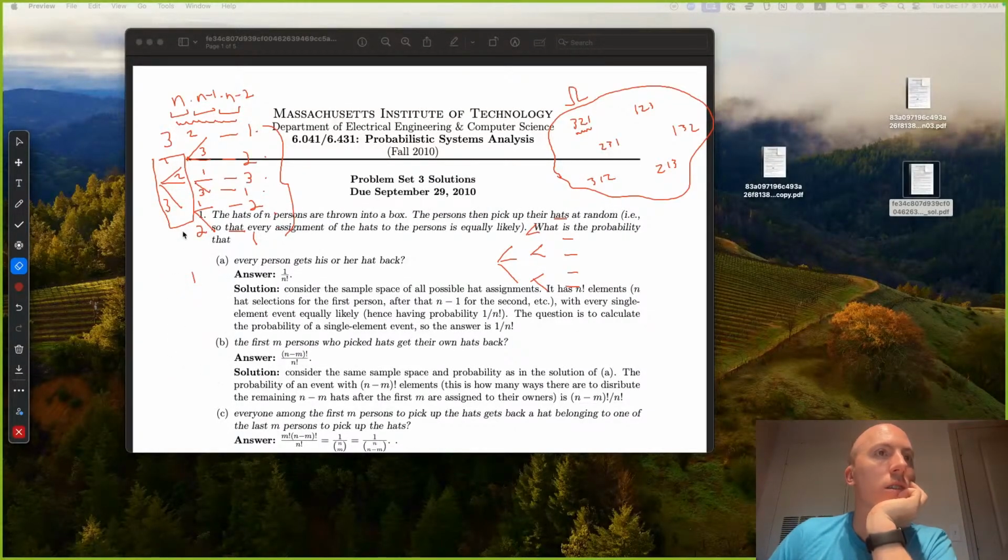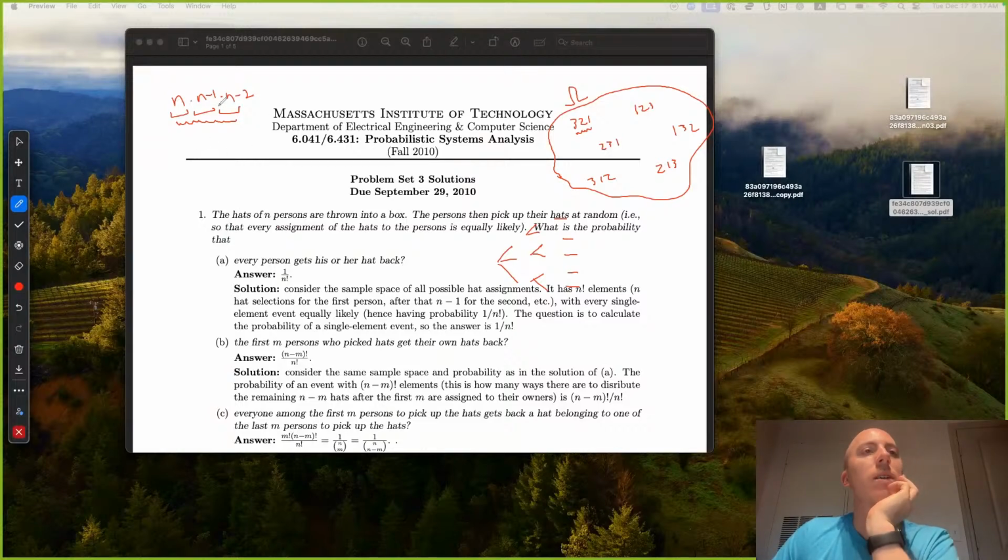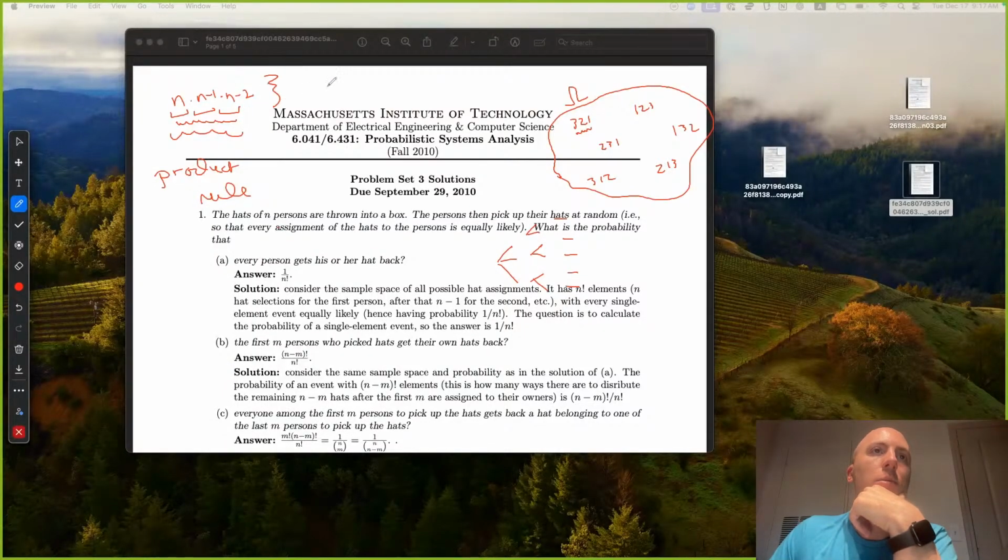So when you're doing this kind of thing, the product rule, you're implicitly building out this tree, and the product rule is telling you how big the tree is. How many paths are there?